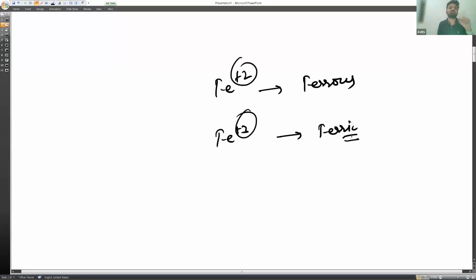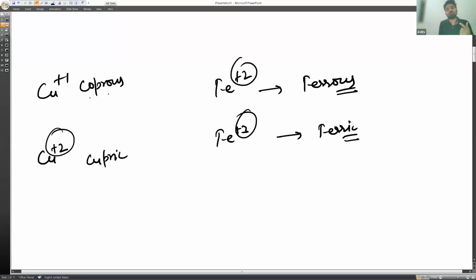So the greater one is ferric and the lesser one is ferrous. Similarly copper has 1 and 2, so the greater is cupric and the lesser is cuprous. In the formula we have Cu, but in the actual name of copper we have double P, and here we have a single P in the spelling.